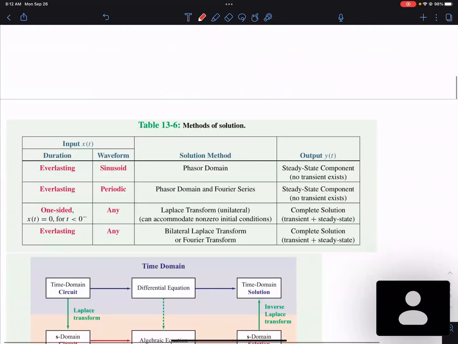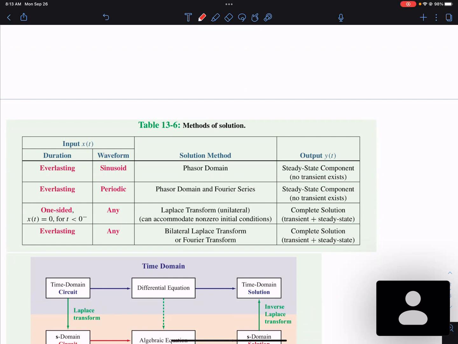These are all of the types of methods of solution. In 1240, you learned about the phasor domain, where you solve the circuit by transforming it from the time domain into the phasor domain. Once you solved that circuit, you found it was easier to multiply and divide with the polar form, and to add and subtract with rectangular form.